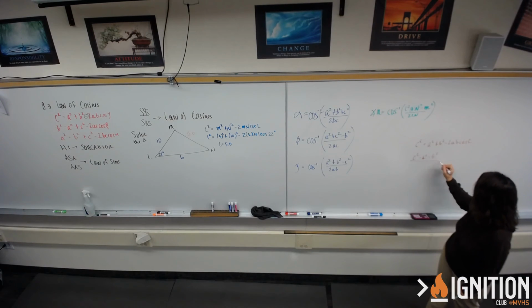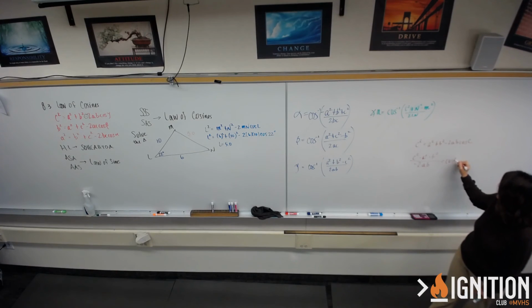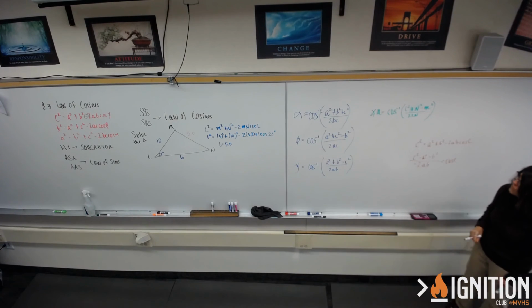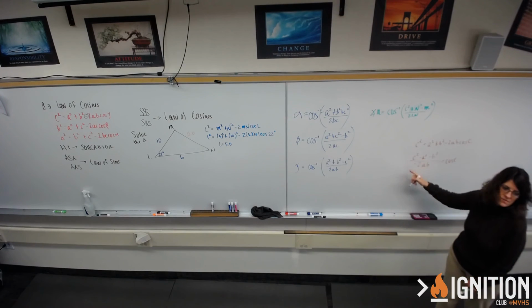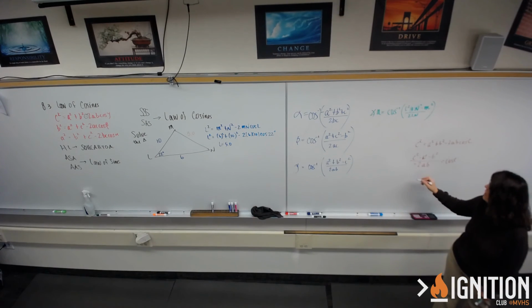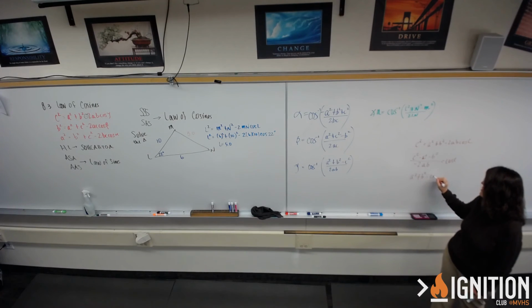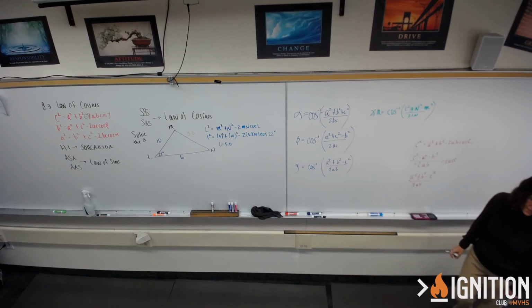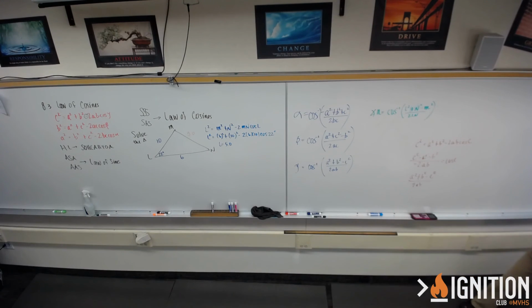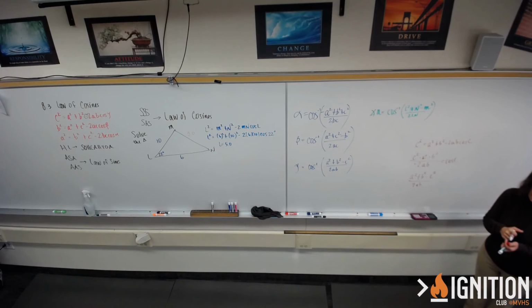I'm going to divide by negative 2ab, which would equal the cosine of c. It's not negative 2bc, because now when I divide all this by negative 1, I get positive a squared, positive b squared, negative c squared over positive 2ab. We don't like to leave the negative in the denominator. It's icky math.